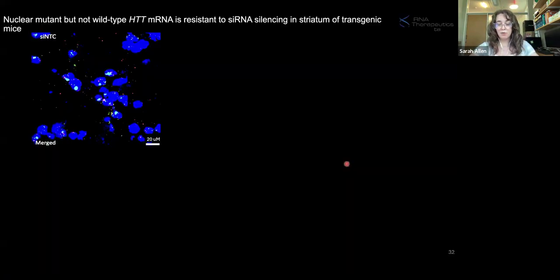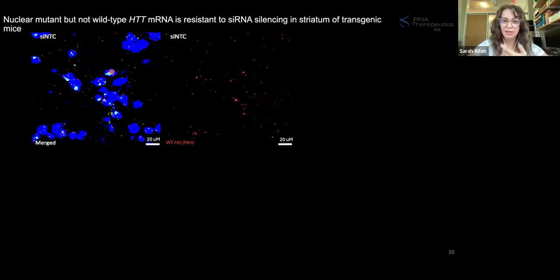So here's the data from testing that using the FISH-based assay. We have the nuclei of the cells stained with DAPI in blue here. And then once again, we have mutant human Huntingtin in green and wild type mouse Huntingtin in red. So when you look at the mouse Huntingtin of the NTC treated brains, we see again fairly dispersed staining of individual RNA foci.